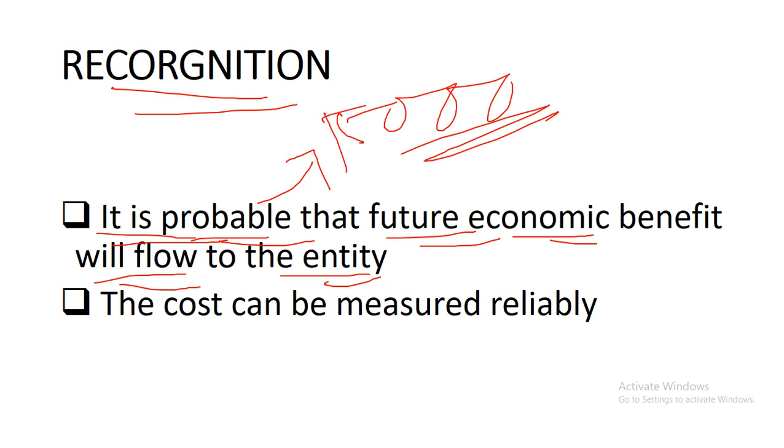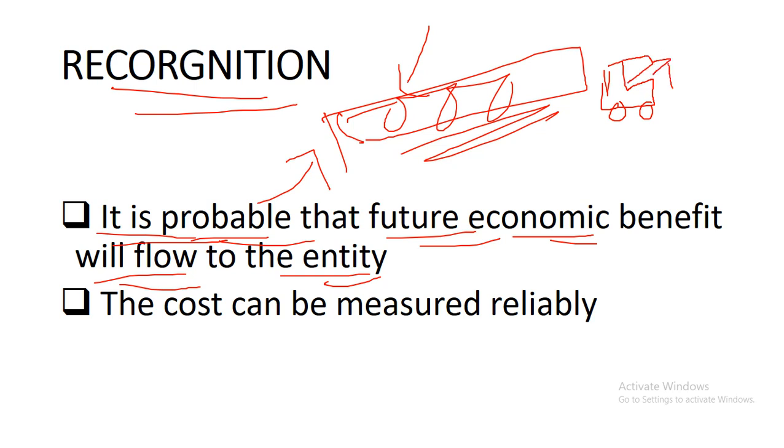For us to recognize this 5,000 as the cost of a non-current asset, it must be possible that this asset, let's say this van that we buy, is able to earn some money for the company over the period in which that asset is kept in the business.